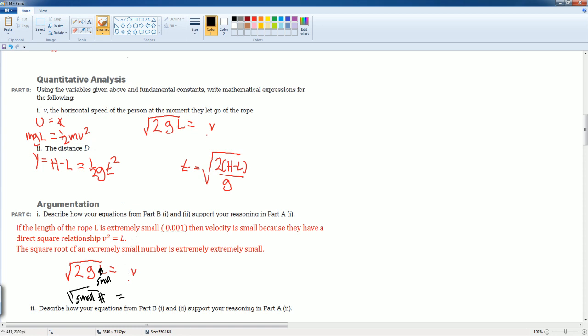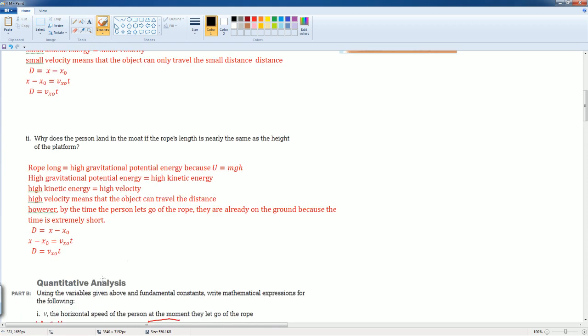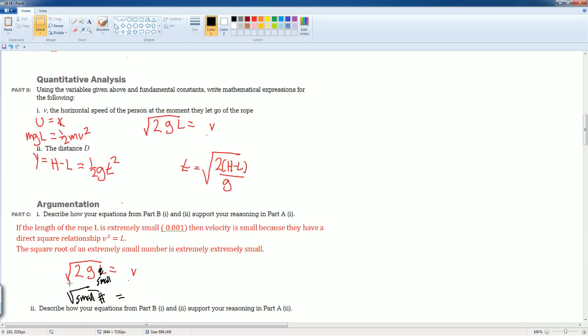So that proves why you will have a low velocity if you have a small length. Because L has a direct relationship with v. Well, a square root relationship. So if L is, let's say, 4, velocity is 2, right? You take the square root of L, gets you v. Ignore 2g because we're comparing it, right?